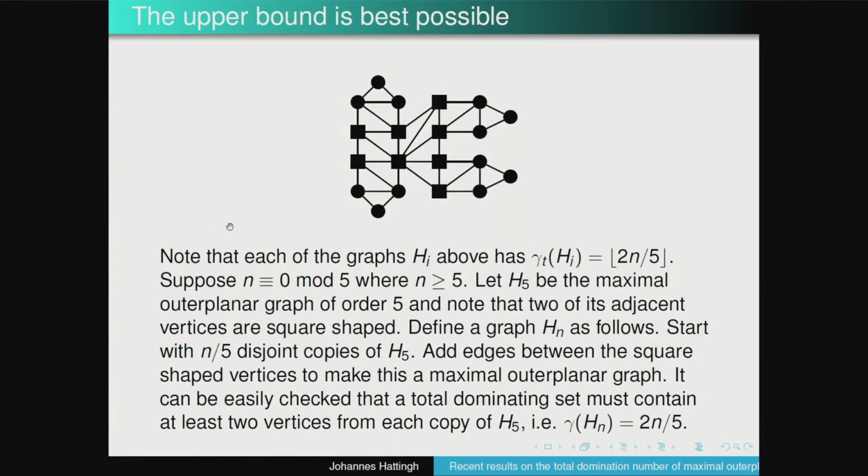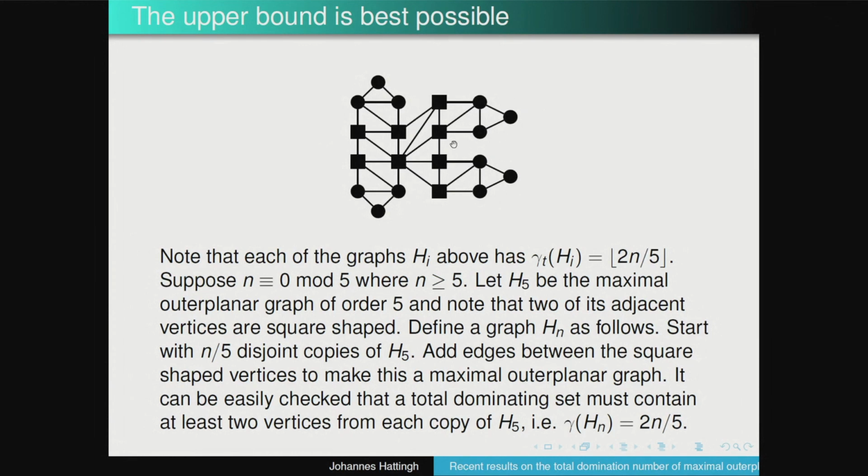For example, here we can look at what we did here. Suppose n is congruent to 0 mod 5, and let H5 be that maximal outerplanar graph of order 5, right there. And then to create an order 21, you can just add another copy there, and you start gluing them together. There's a copy of H5 again, and a copy of H5 again.